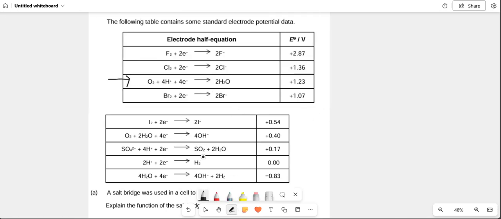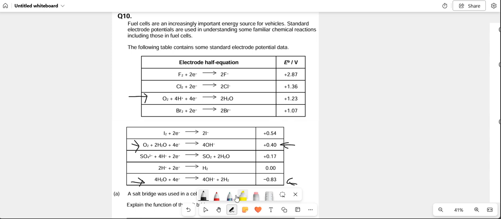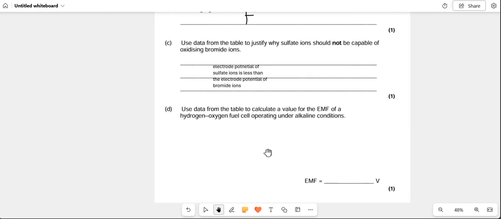We need to split the overall reaction into the two half equations for hydrogen. When you combine them, they make the overall one, for the 1.23. It's just bigger one minus smaller one. The bigger one is 0.4, the smaller one is minus 0.83. So 0.4 minus minus 0.83 is 1.23 volts.